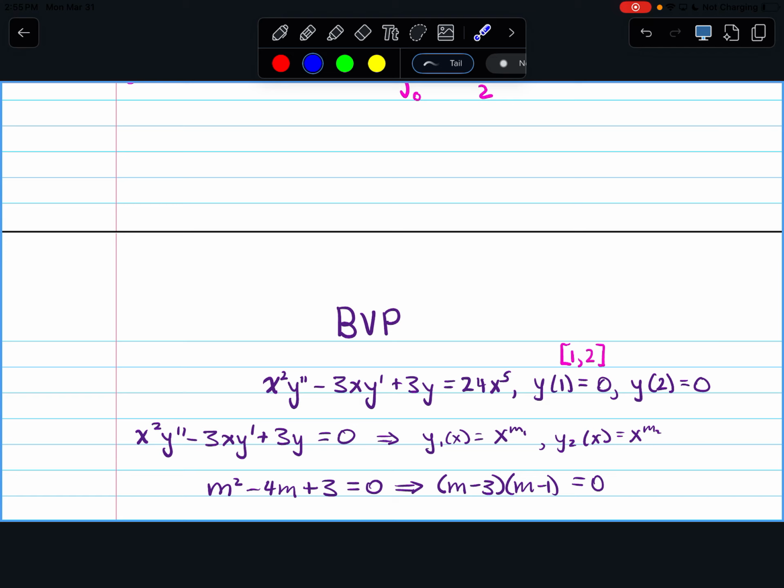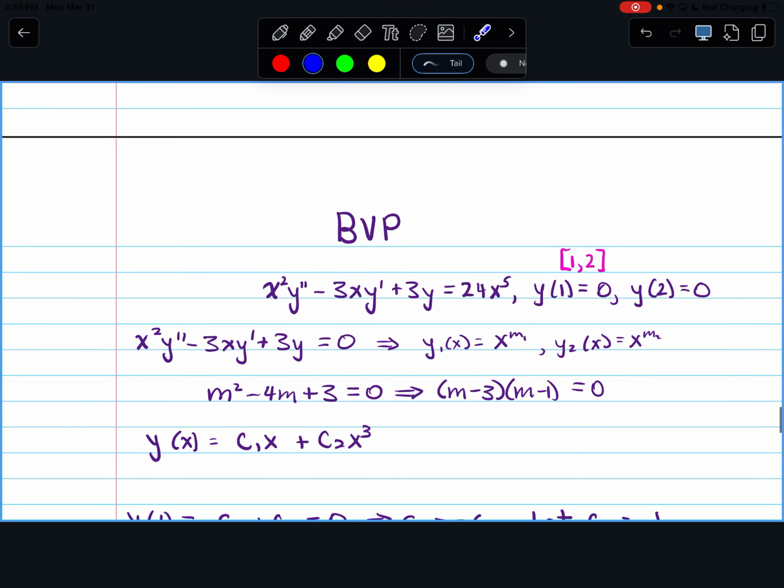Now, I want to solve this equation. You might recognize this as one of those Cauchy-Euler equations. We assume that the homogeneous equation has a solution of y1 equals x to the m1, y2 equals x to the m2. In other words, it's x to some power.